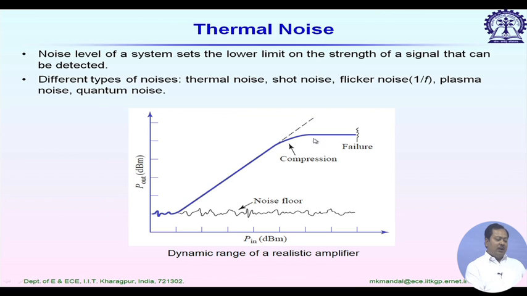Now, if I go to the lower power level, the lowest power level that can be sensed by this component, or by the instrument, is given by the noise floor. This noise comes due to the various reasons we discussed earlier, and it is generated inside the component or instrument itself, and there would also be some noise coming from outside.